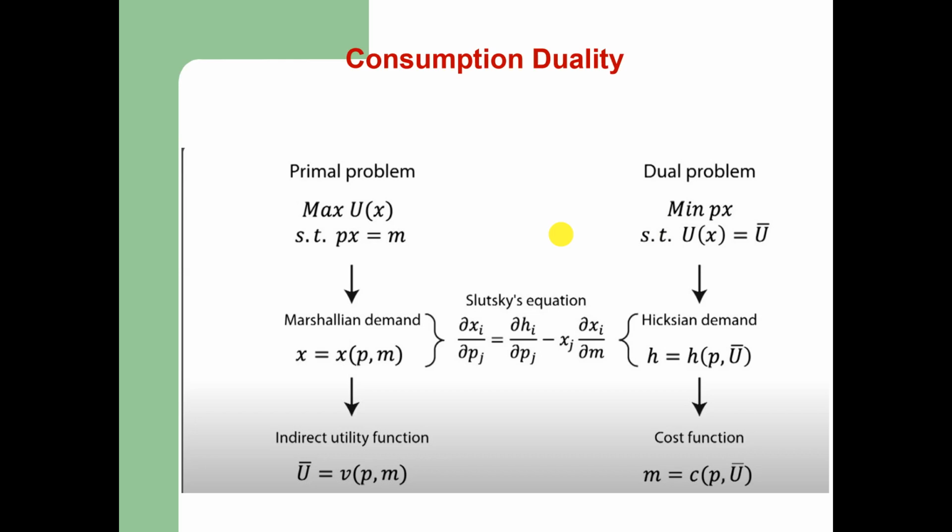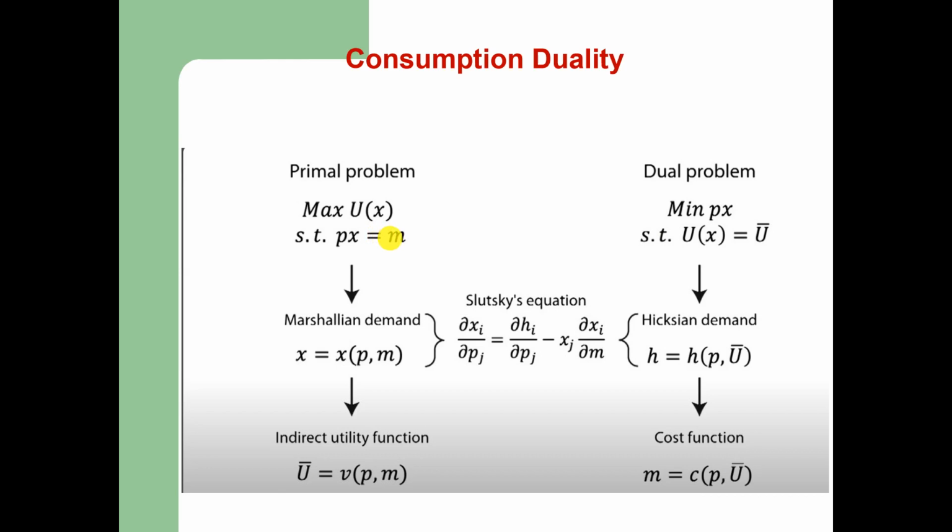On the left hand side, we see the primal problem of the consumer who wants to maximize utility obtained from X, subject to the condition that the total expenditure on X goods, where X is a vector of goods, is equal to the consumer's fixed money income.